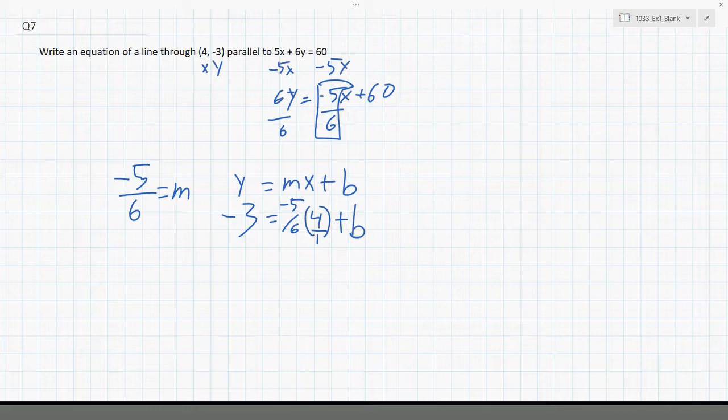I like negative 10 over 3, yeah. Negative 10 over 3 plus b equals negative 3, which now means we're going to add 10 over 3 to both sides.